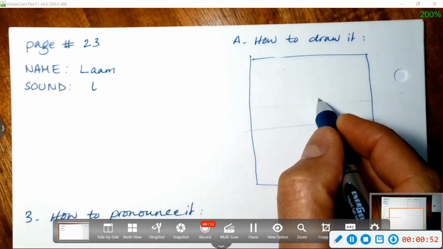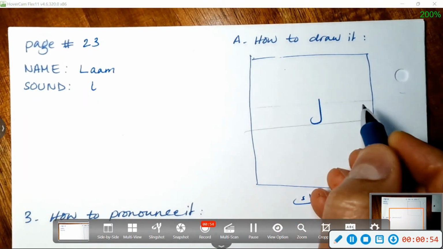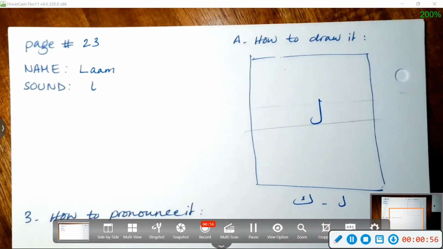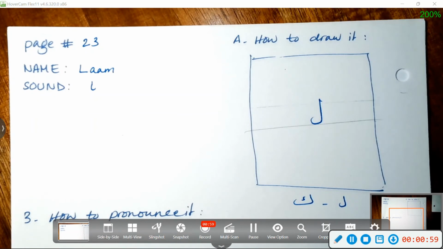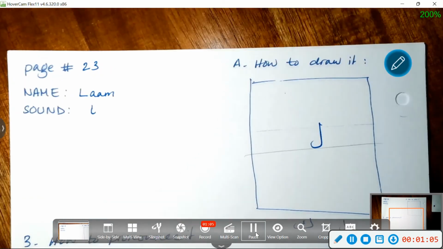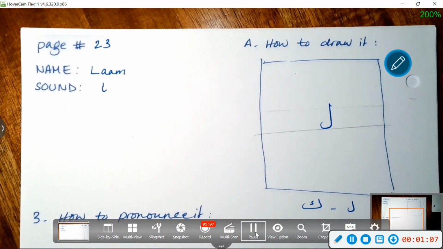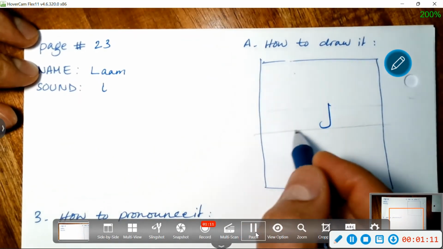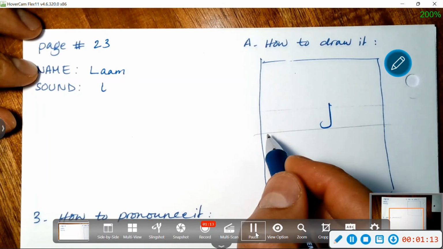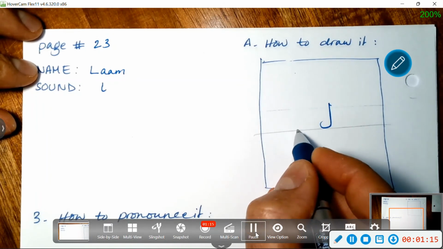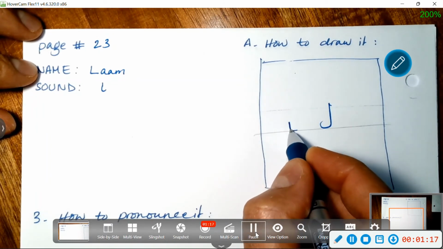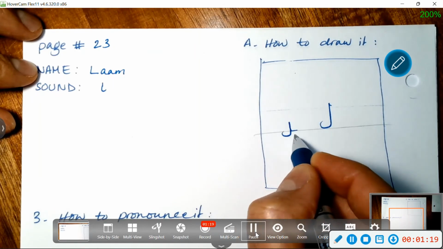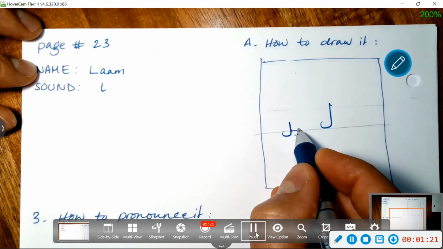Now the Laam starts from the top and extends like this. The Laam is over the line, but when it's connected and at the end of the word, you write the tail under the line, like this, if it's connected to another letter.